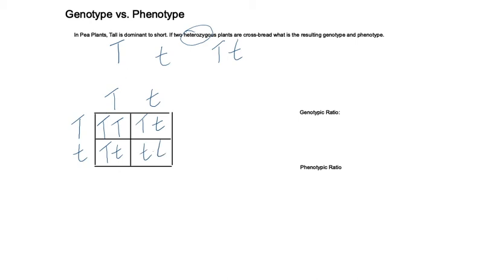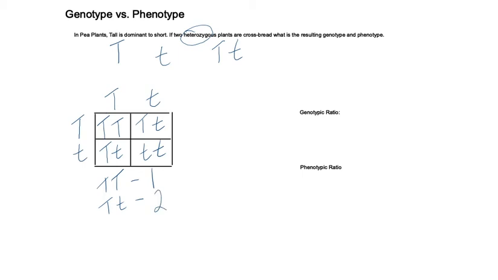So these are genotypes. There are three different genotypes that you can see in this Punnett square. The first genotype is going to be big T, big T. In this Punnett square, I have one big T, big T. The next possible genotype is going to be big T, little t. I have two big T, little t's in this Punnett square.